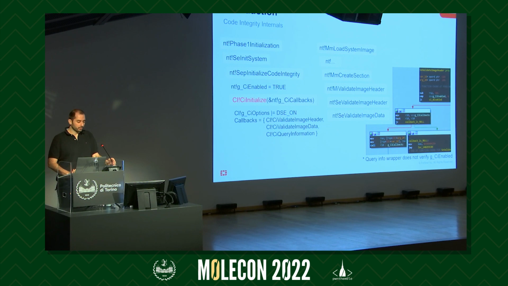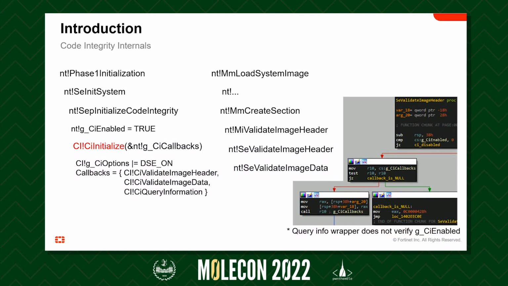Then, when you try to load some driver, the kernel will call wrapper functions. In this example, we have SeValidateImageHeader and SeValidateImageData, which eventually just invoke the callbacks, as you can see in the disassembly on the right.